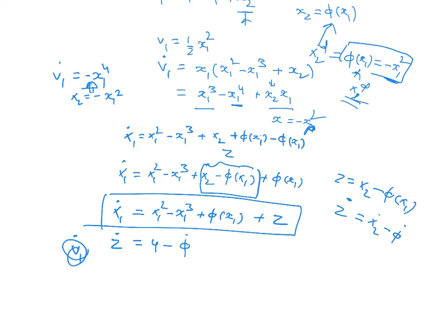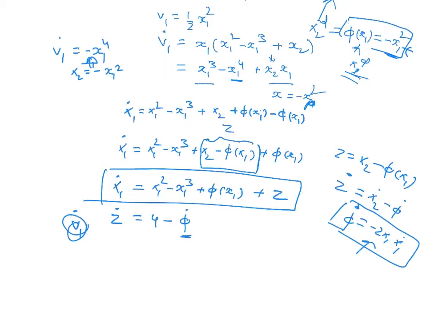And if I have to compute phi dot, it is the time derivative of minus x1 squared, which will be minus 2 x1 x1 dot. We can put in x1 dot, whatever that is, not important because we'll cancel it anyhow. For implementation, later on you can compute it, but let's keep it as phi dot.